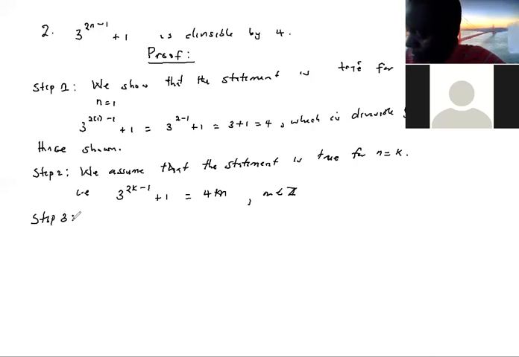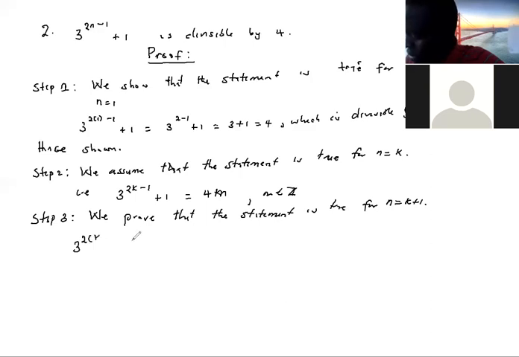Then we go to step 3. Step 3, we prove that the statement is true for n is equal to k plus 1. That is 3^(2(k+1) minus 1) plus 1 is divisible by 4.